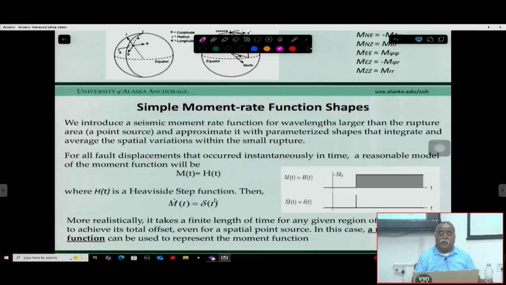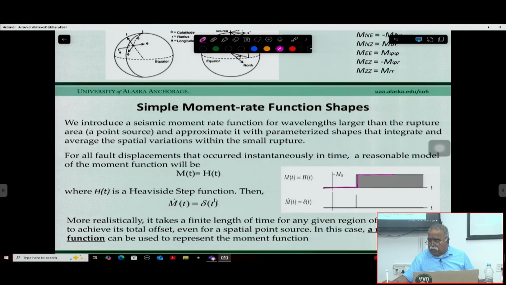Now, let's see what has happened. There is a moment that has been generated, and that moment is instantaneous in time because the earthquake has moved. So with time, a moment has been generated. This moment is basically 0, and all of a sudden it raised to a value like this.